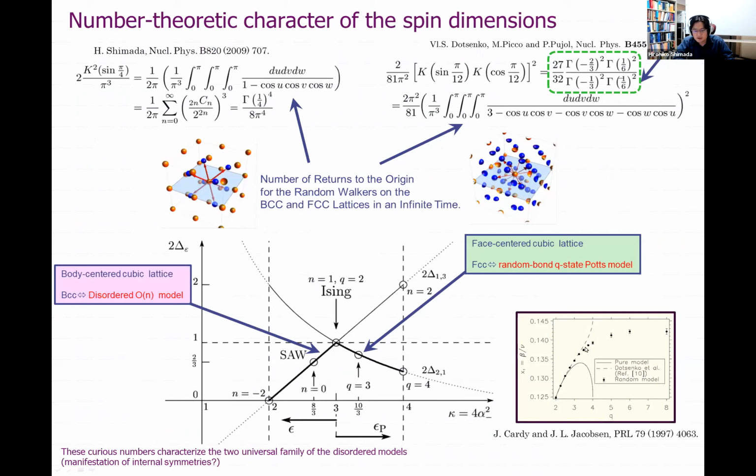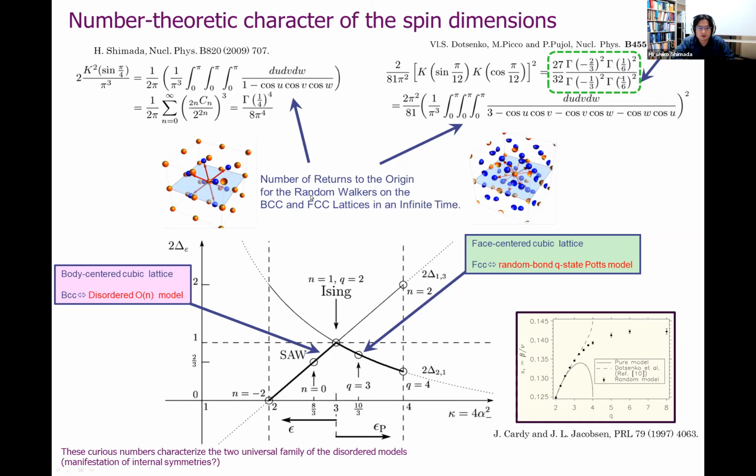Actually, the same type of computation is known also for the disordered Q-state Potts model. And there also this dimension correction is known. Somehow the coefficients take very interesting values.